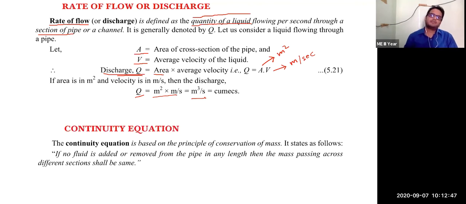Meter cube, the numerator, is nothing but the unit of volume, and second is time. So volume per unit time. You can say the discharge is the volumetric flow rate.